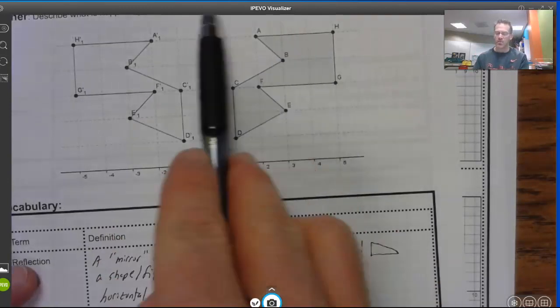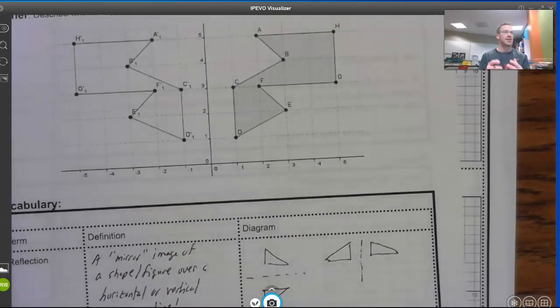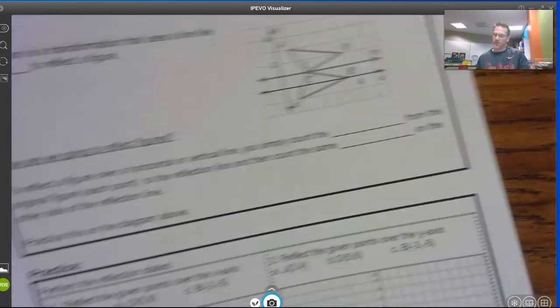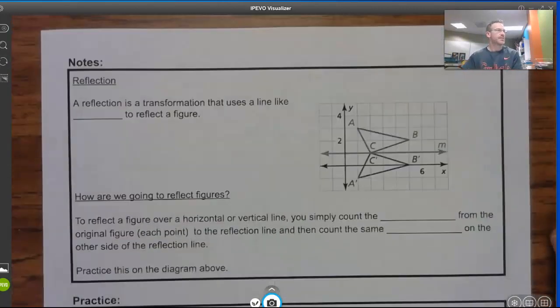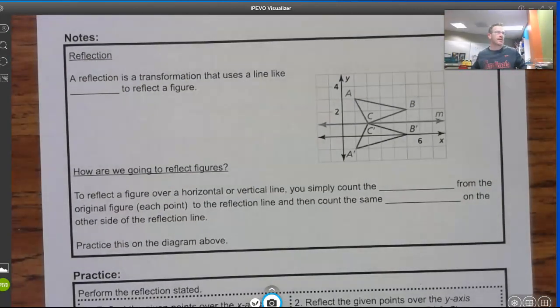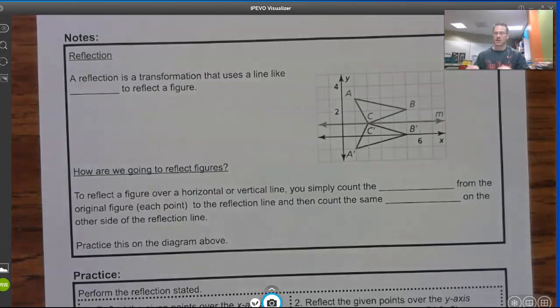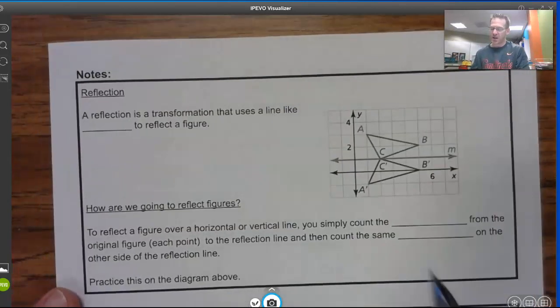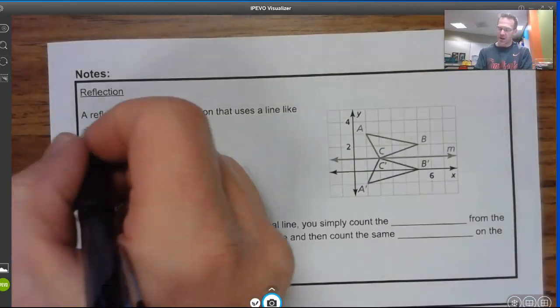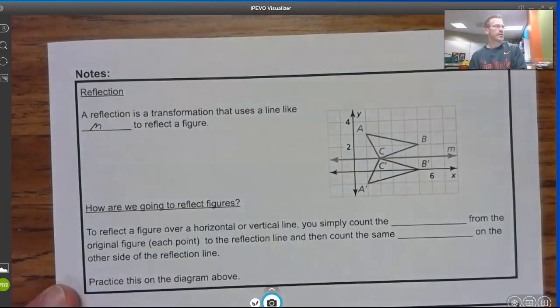Also notice that our reflection is still an isometry: distance and shape are preserved. It doesn't get bigger, it doesn't get smaller. Let's flip the page and do a little bit more. A reflection is a transformation that uses a line, in this case a line like M, to reflect a figure.